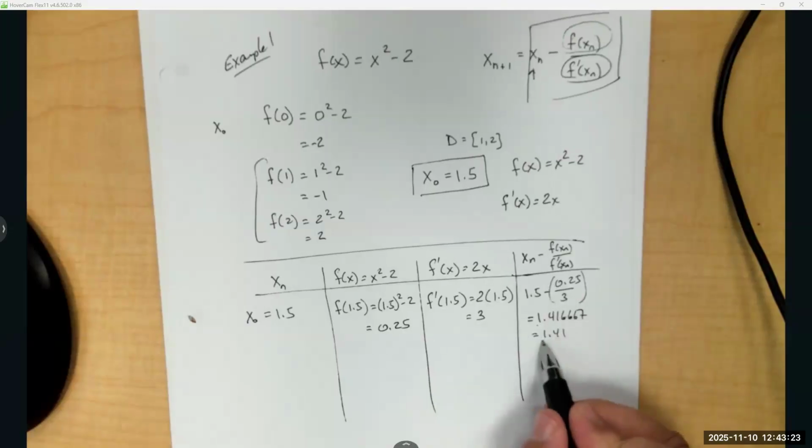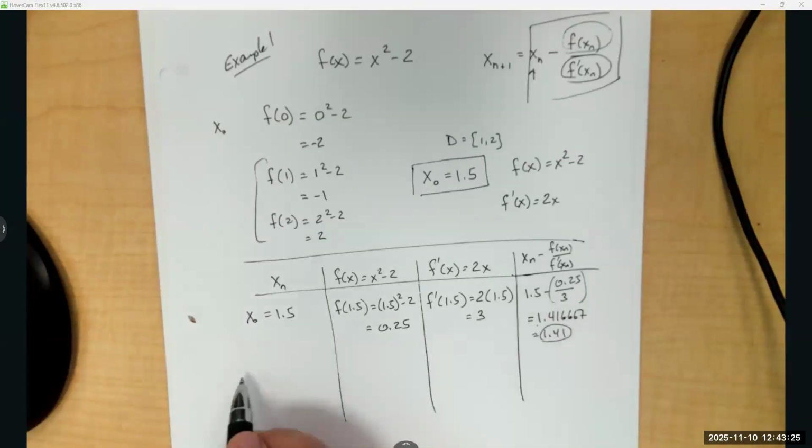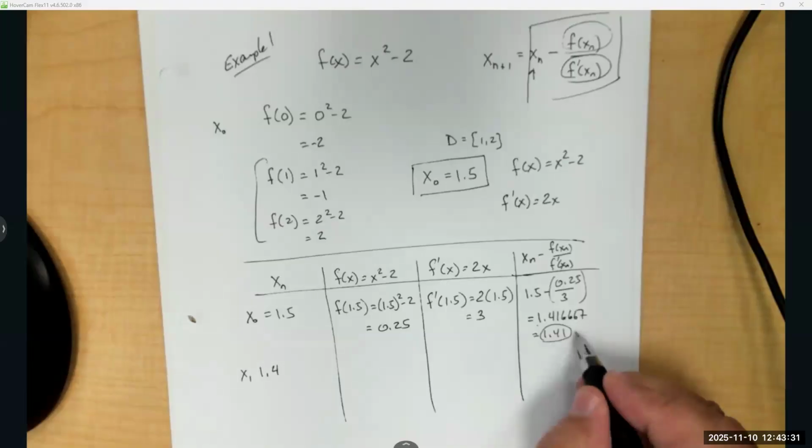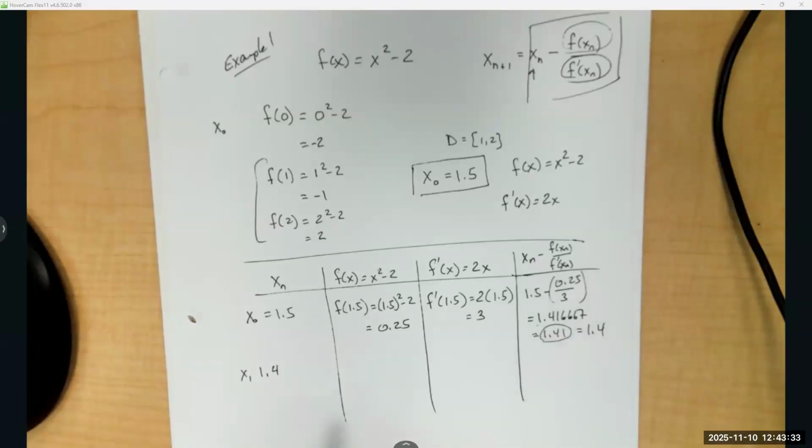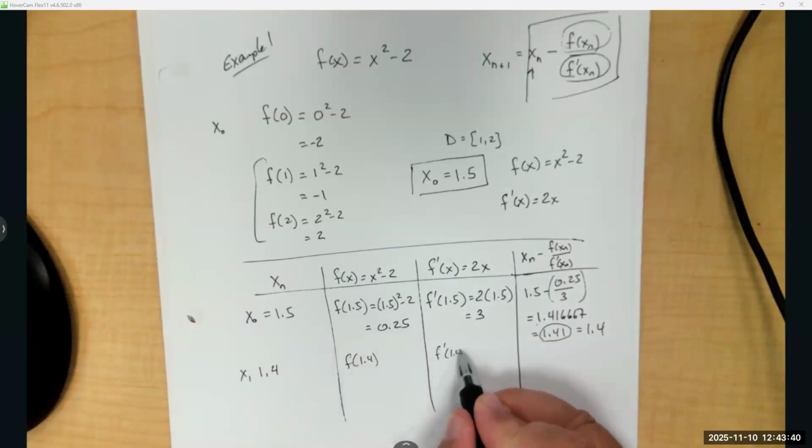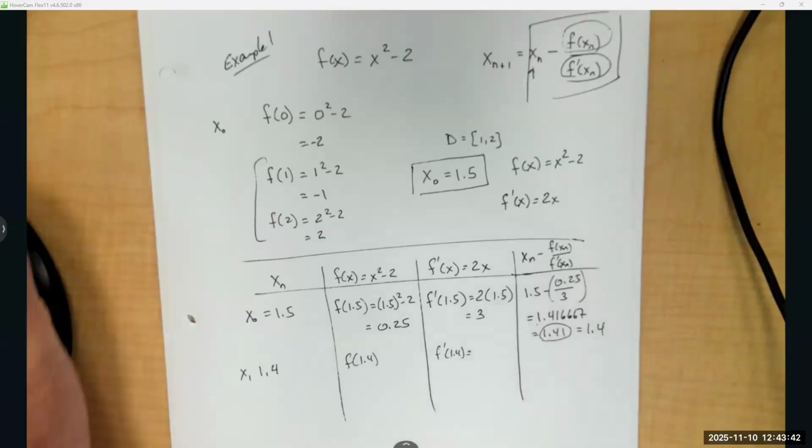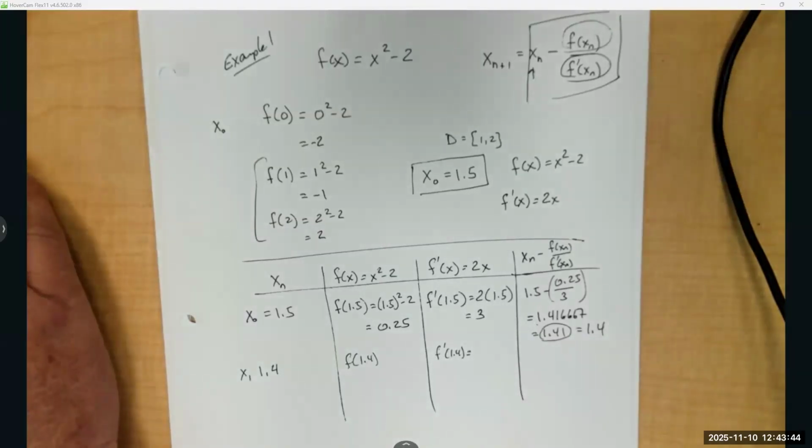So this value here begins my next iteration, 1.4. So now I go in here, I put 1.4 here, put 1.4 here, and we go on further.